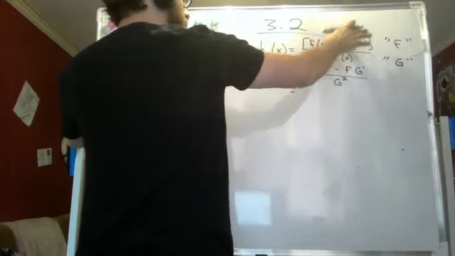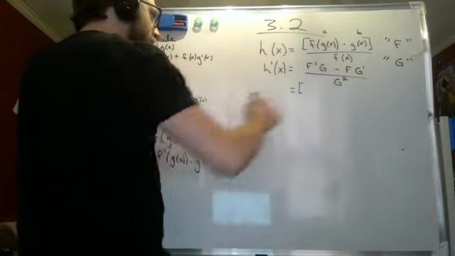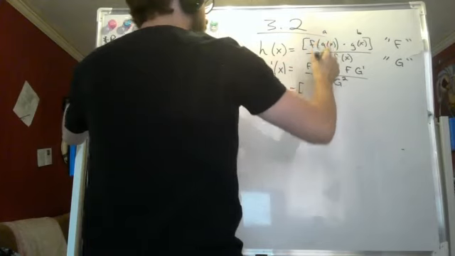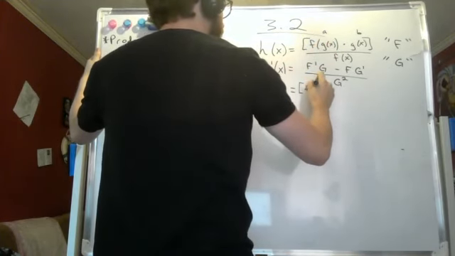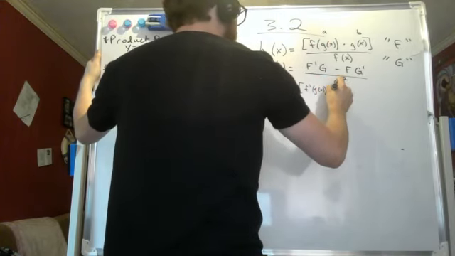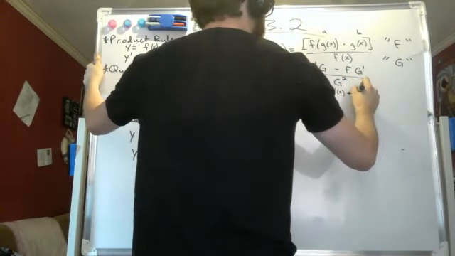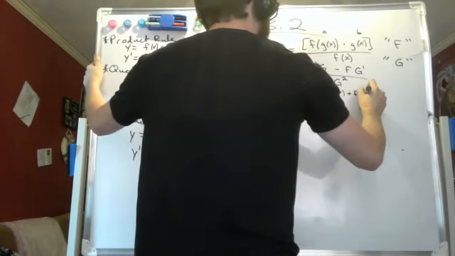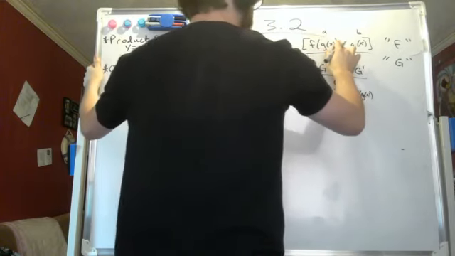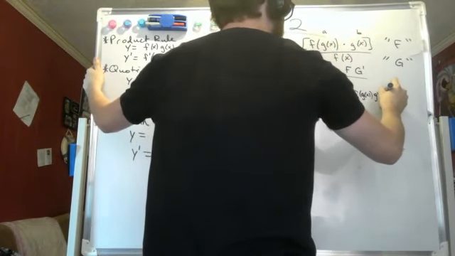So when I use my product rule here, and I'll put this in brackets, the derivative of this numerator is the derivative of the first, that's a prime, so that's going to be f prime of g of x times the derivative of the inside part, g prime, got to use our chain rule, plus f of g of x, that's just a, times b prime, which is times g prime of x.